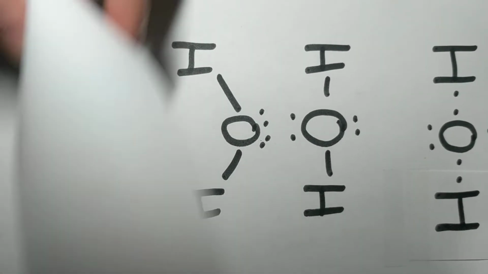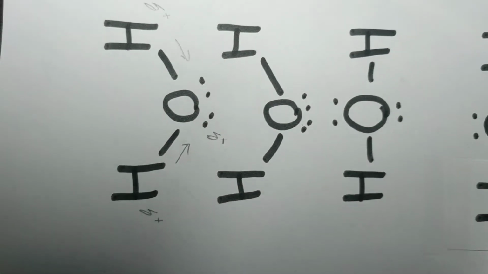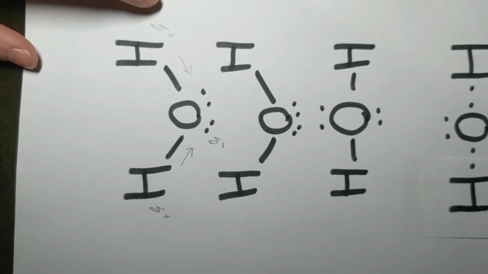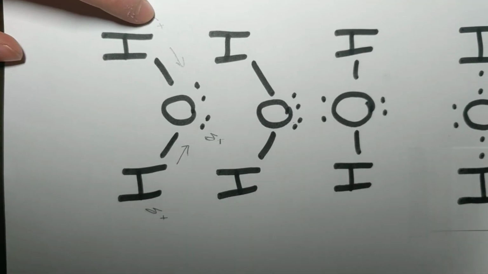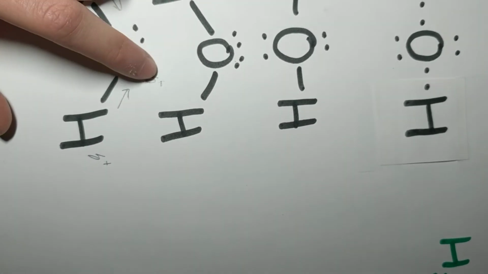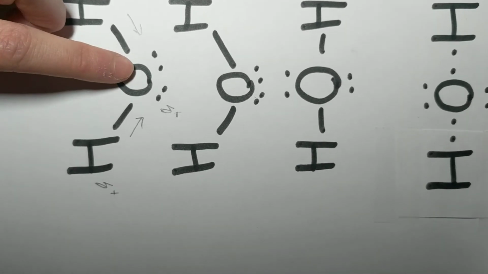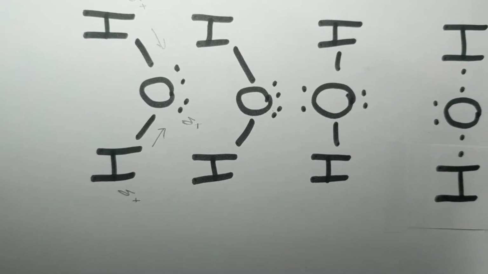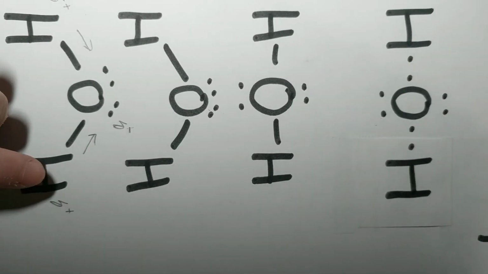Okay, and this is our last step to show everything. Here we're going to show the partial charges with the delta plus and delta plus and the delta minus. Sorry, not delta, I meant the partial charges, sigma.